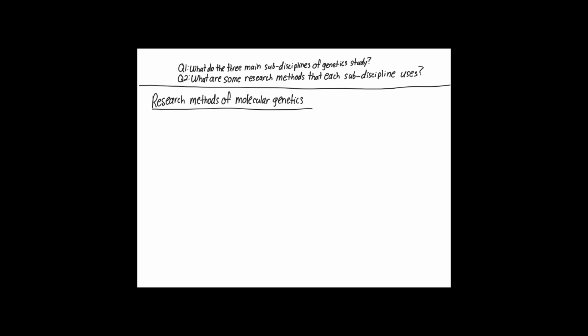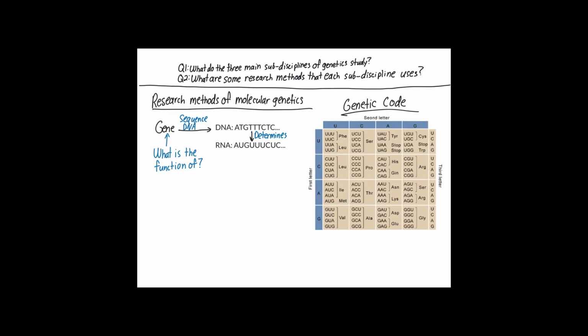Now there are many different methods to determine the function of genes. One approach is to determine the DNA sequence of a gene, and then use the genetic code, which we know, to determine, one codon at a time, the amino acid sequence of the protein that gene encodes.